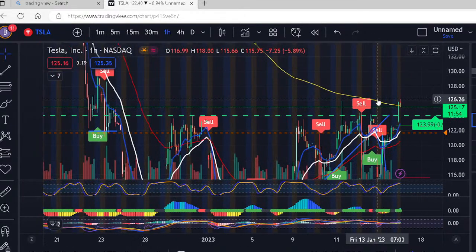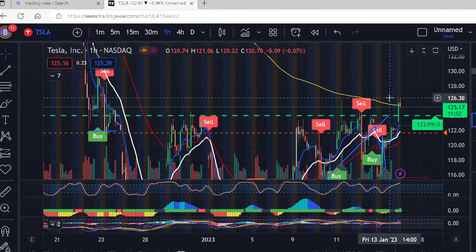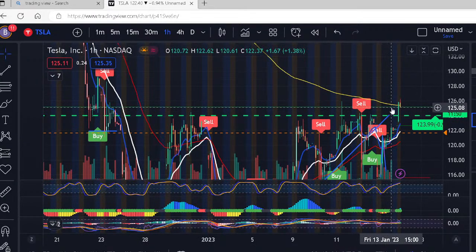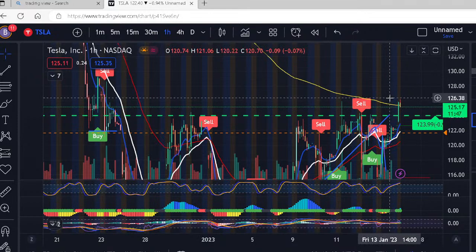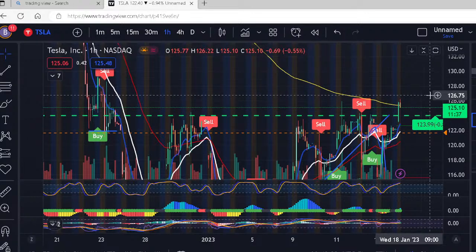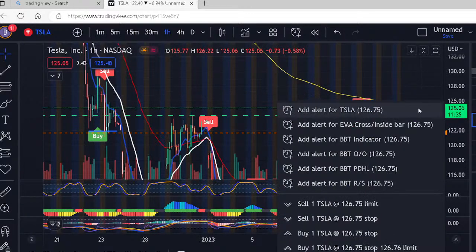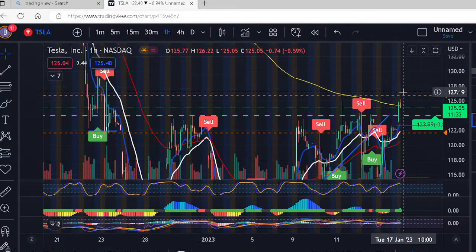For the calls, I would say right here, 126.75 call trigger. Put a price alert there so I don't have to type it in the Discord.